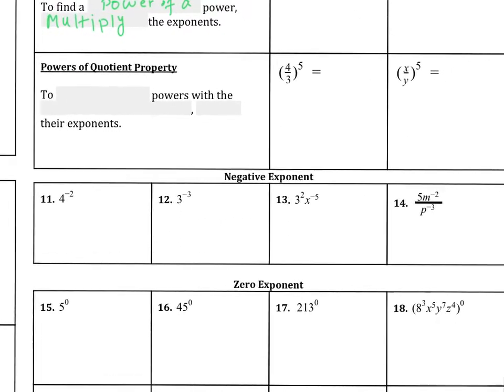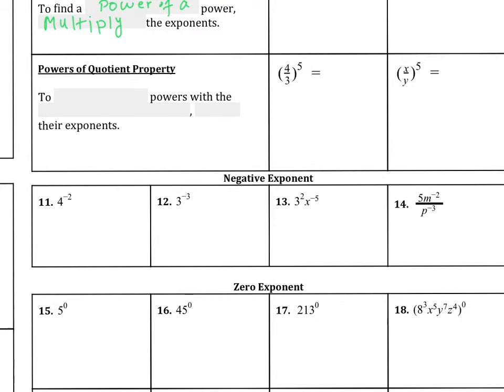Now let's look at the power of a quotient property here and other problems like that. So, to divide powers with the same base, you subtract their exponents.